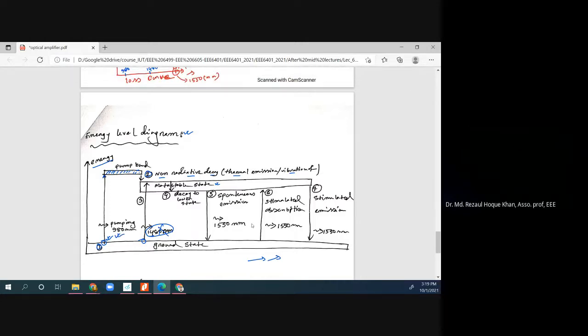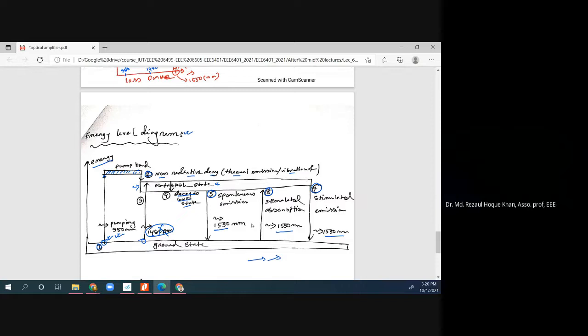So there will be decay to the lower state, because this metastable is a lower state. In the lower state, three mechanisms happen. One is spontaneous emission at 1550. Another is stimulated absorption at 1550, and the third is stimulated emission at 1550. Same thing as a laser, right?